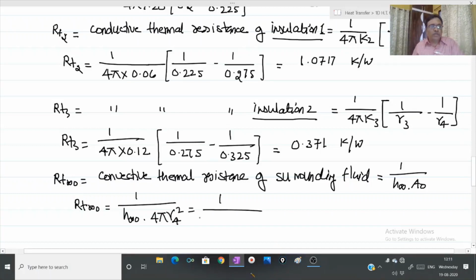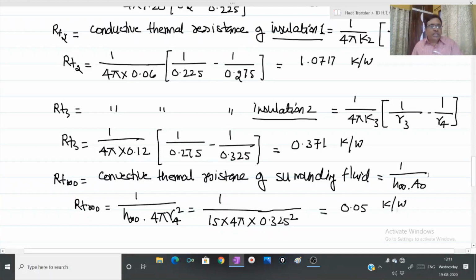The value of h infinity O is given as 15, and R4 is 0.325. So the value of RT infinity comes out as 0.05 Kelvin per watt.